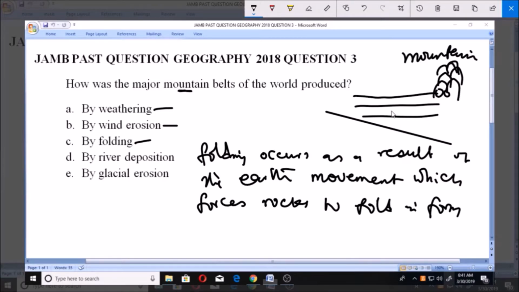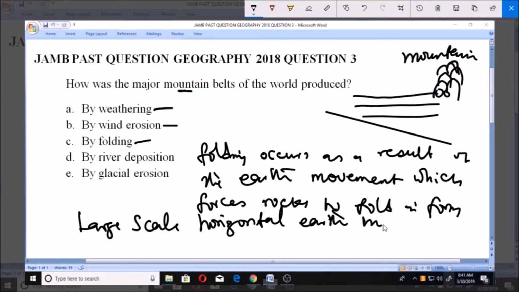Now, folding can be caused by large-scale horizontal earth movement. So this is what causes the folding.